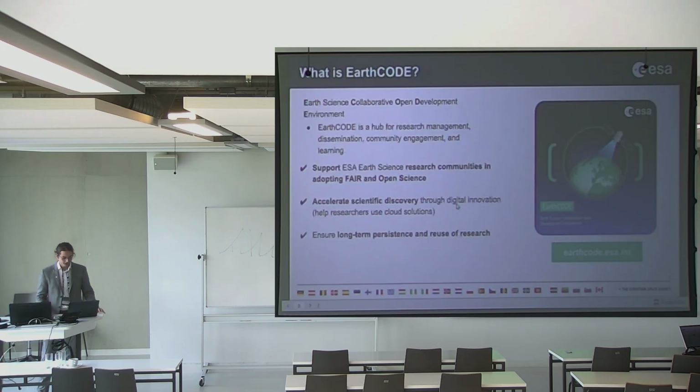what EarthCODE is, it's one of those implementations, and essentially at the core of it, the idea is that it implements the open and FAIR principles in one platform. So beyond just an acronym, FAIR, what it means is making data machine readable and machine accessible and machine actionable.